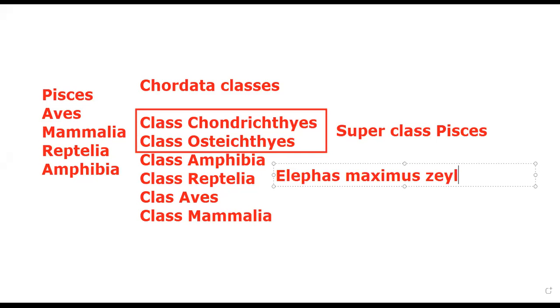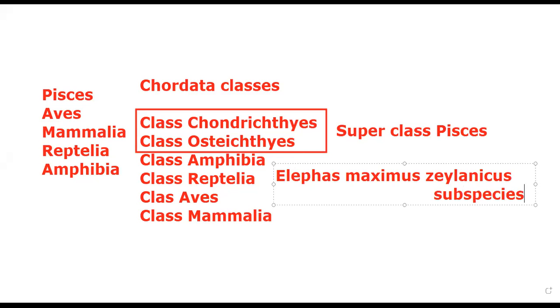The Sri Lankan elephant has another word added also. What is it? Zeylanicus. Elephas maximus zeylanicus. The third word is representing a subspecies.